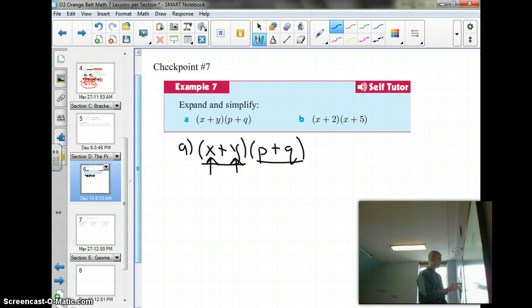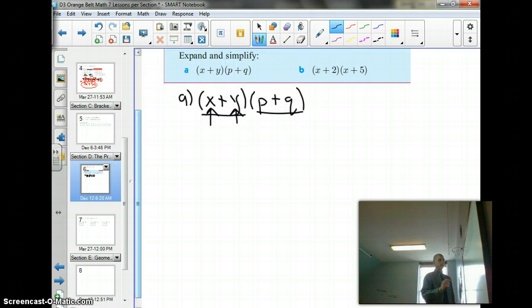Because we now have, instead of just having one thing in front, we now technically have 2, all right? But all you need to do is make sure that you multiply everything in here by the y. So we go here, and then we go here, and then we got to make sure that we multiply everything in here by the x as well.